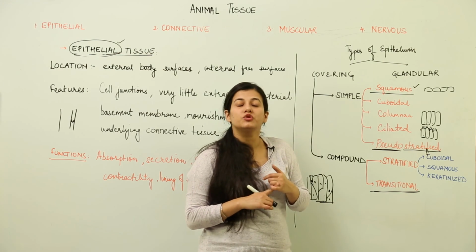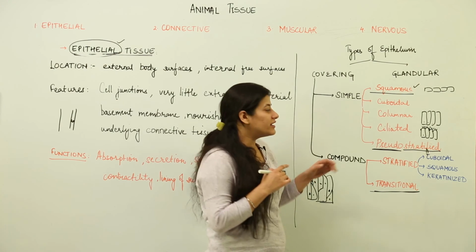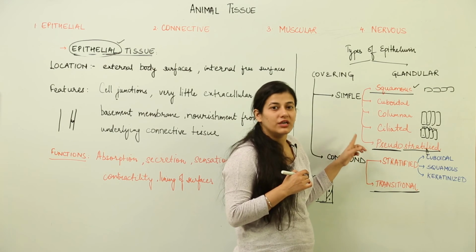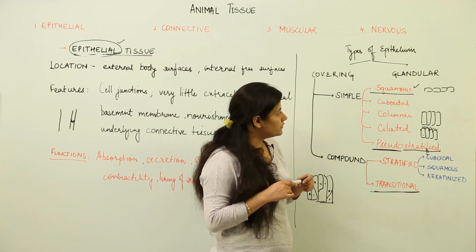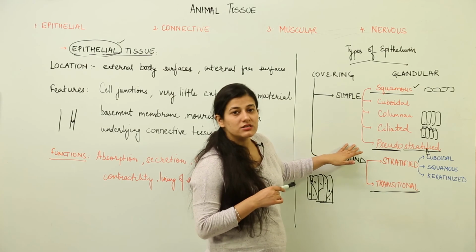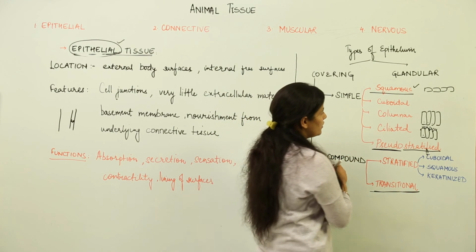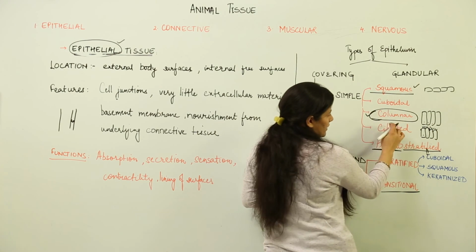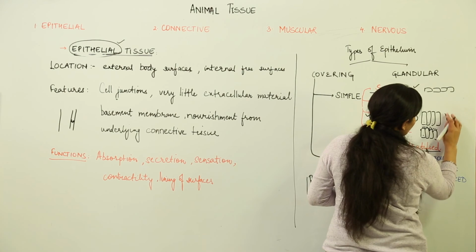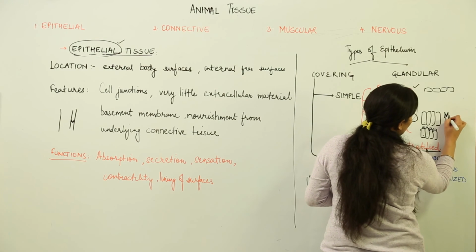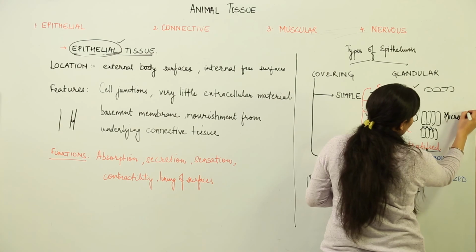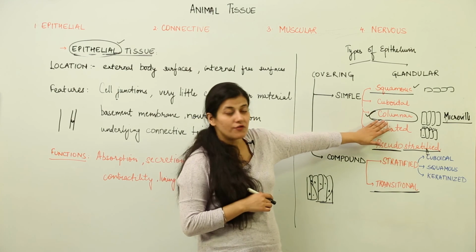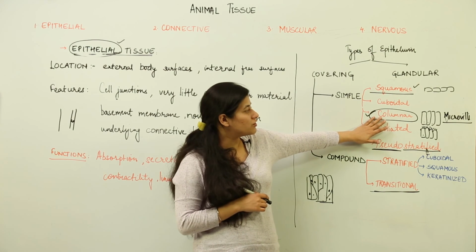To be precise, it would be the digestive lining and the excretory epithelium in the case of the proximal convoluted tubule of the kidneys, the distal convoluted tubules of the kidney, and in the small intestine, where you need to remember one thing: columnar simple epithelium is responsible for the formation of microvilli inside the epithelium of the small intestine, which gives it an appearance of brush border.